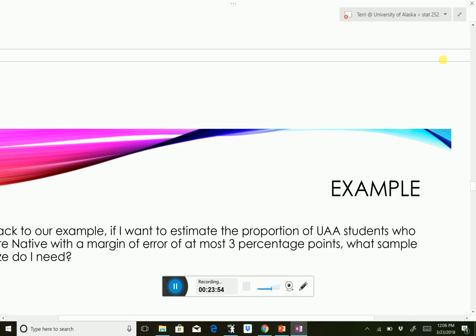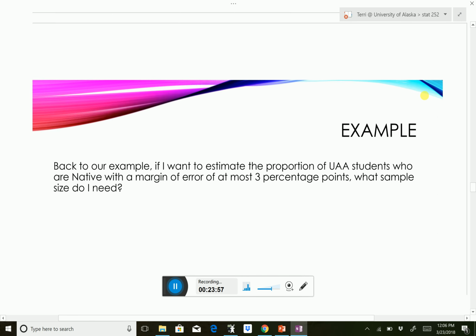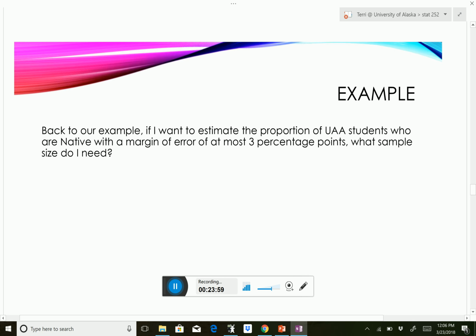So, back to our example. I want to estimate the proportion of UA students who are native with a margin of error of at most 3 percentage points. What sample do I need? I'm not going to assume anything about P. If I assumed the highest P can be is 0.3, then I wouldn't use 0.25, but I'm not going to assume anything.